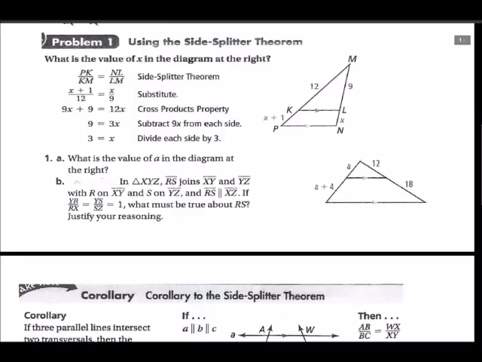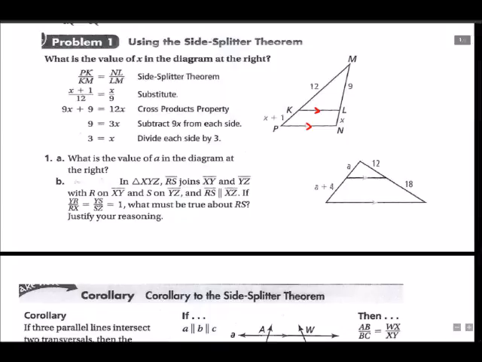More importantly, let's find out how to use our side splitter theorem. Okay, we want to know the value of x in this triangle. Well, how do we know if we can use the side splitter theorem? Our requirement was parallel lines.